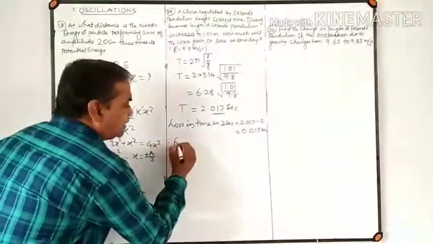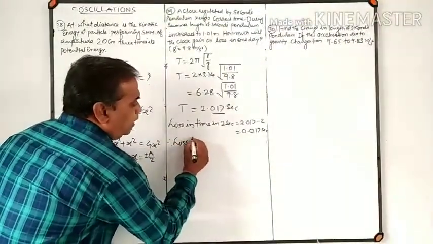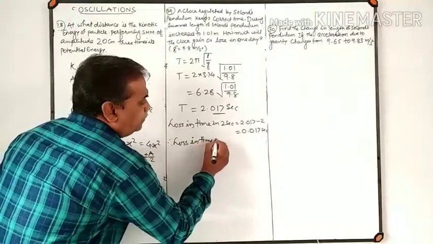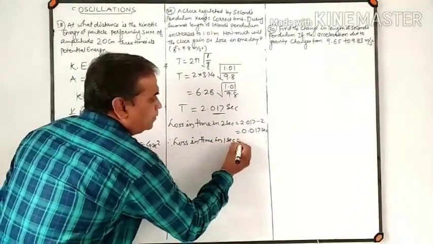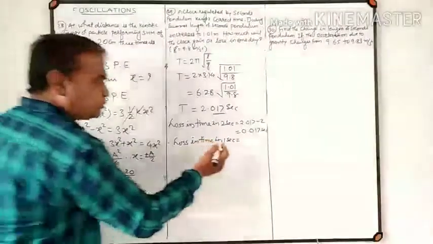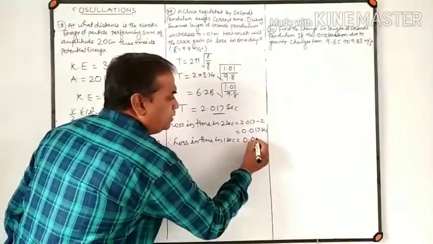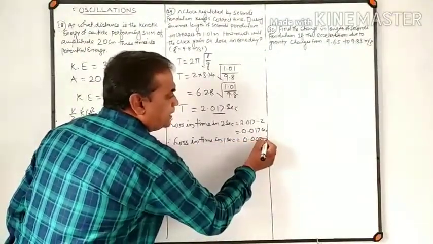So what is the loss in time in 1 second? Loss in time in every 1 second is half of the loss in time in 2 seconds, that is 0.0085 seconds.